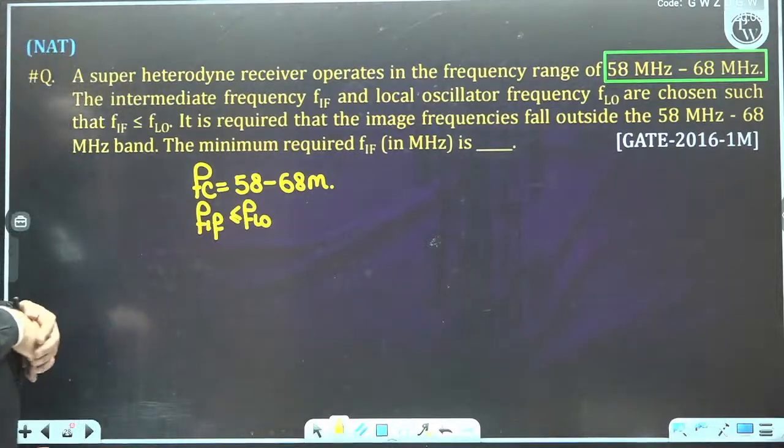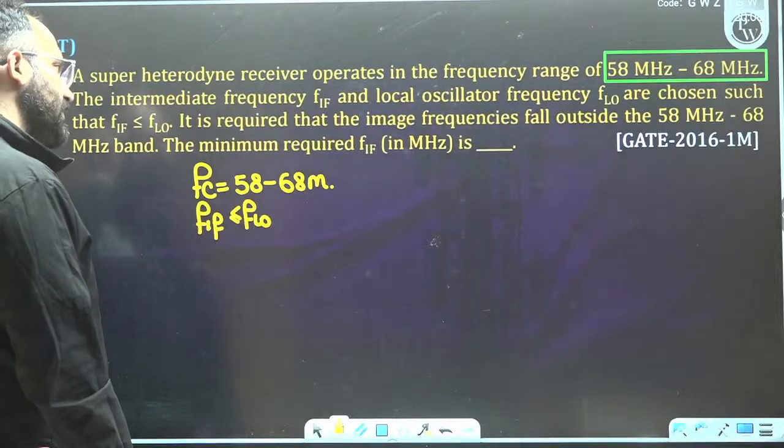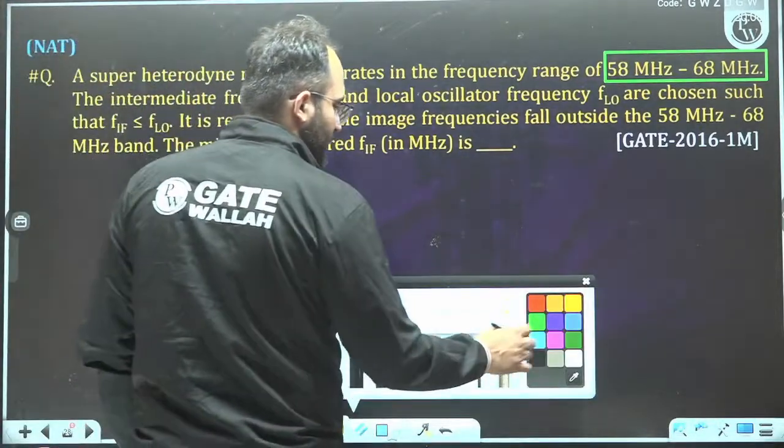It is required that the image should fall outside of this region. The minimum intermediate frequency is.